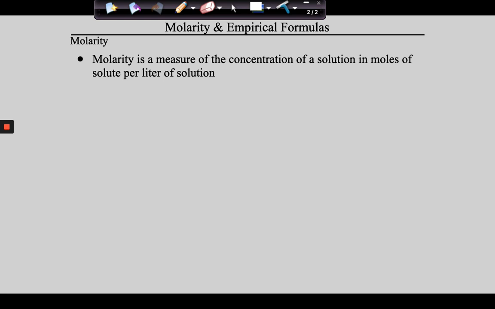So guys, when we talk about molarity, which is obviously based in the word moles, we're talking about solutions. And specifically what we're talking about is how concentrated a solution is. So molarity is a measure of solution concentration, and the units are moles of solute per liter of solution.